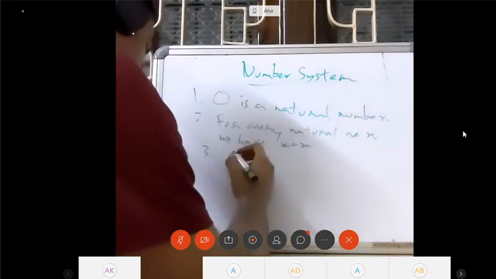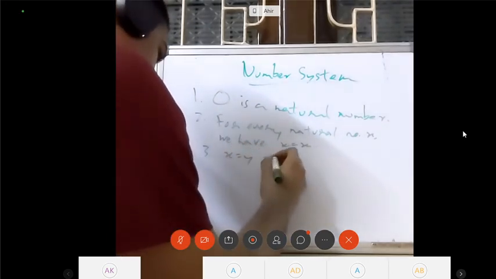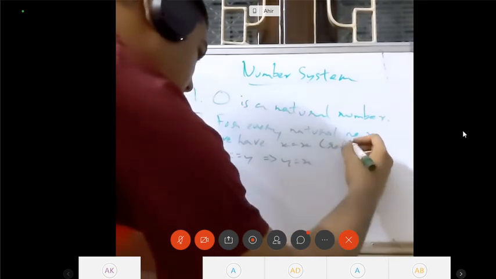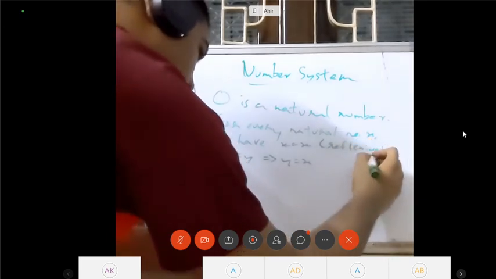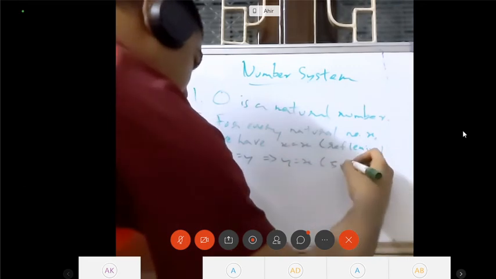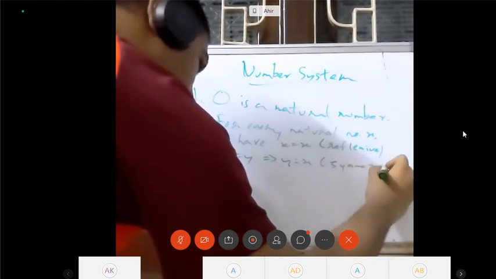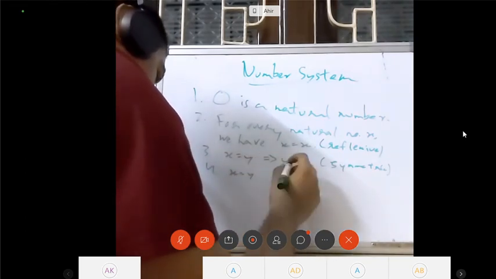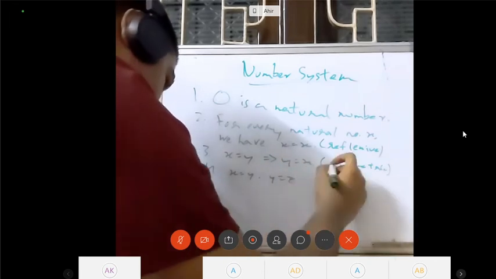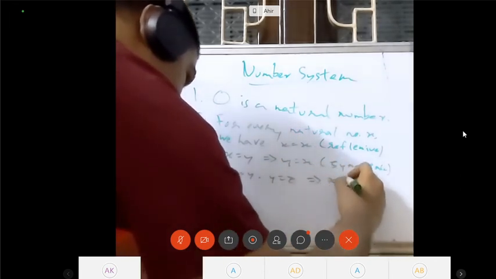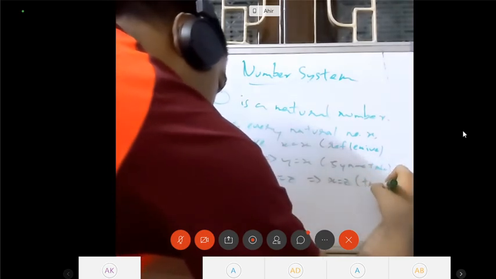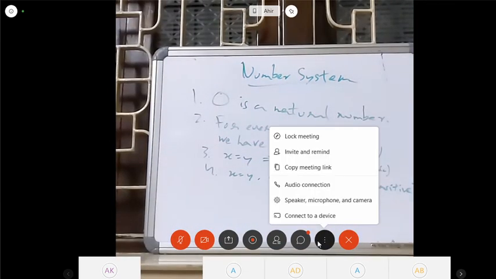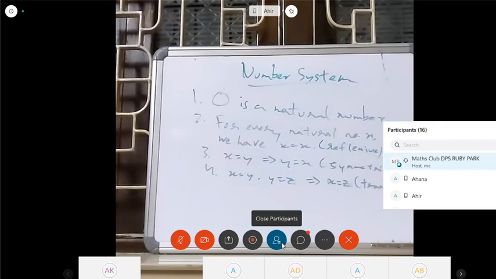We also have x equals y implies y equals x. This is symmetric. And x equals y and y equals z implies x equals z. This is transitive. So this is reflexive, symmetric, as well as transitive.